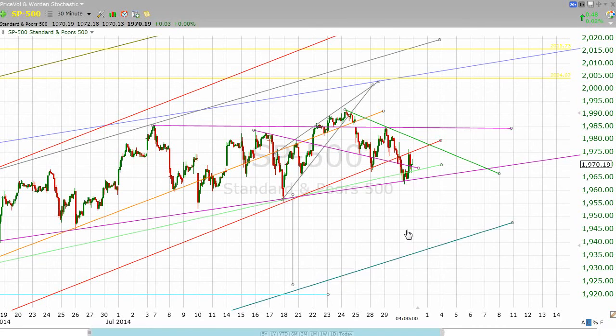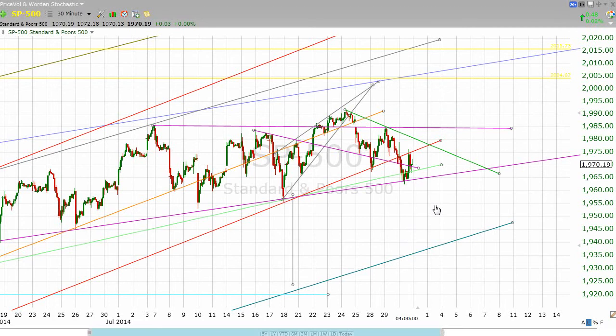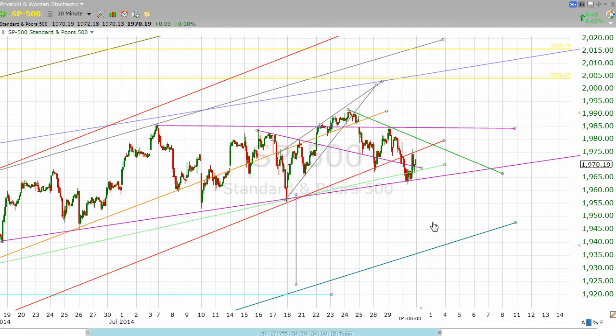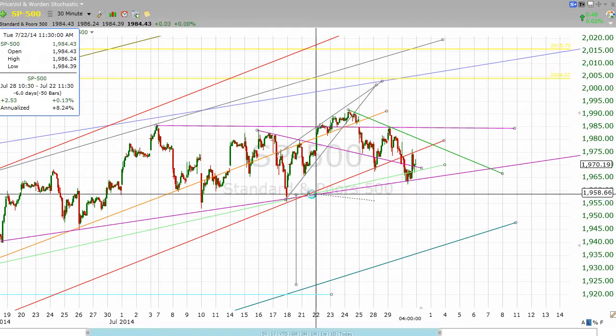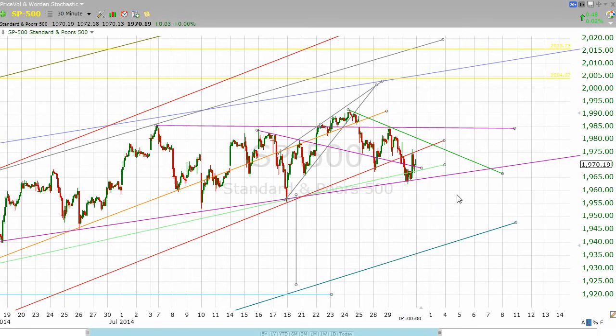The deal with a wedge is that once they break, they tend to create a retest of levels that were in place prior to the starting of the formation of that wedge. So this pattern alone between these two gray lines could be expected to create a retest of something around 1957.